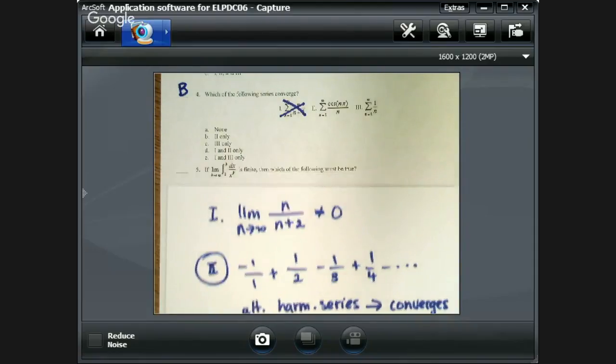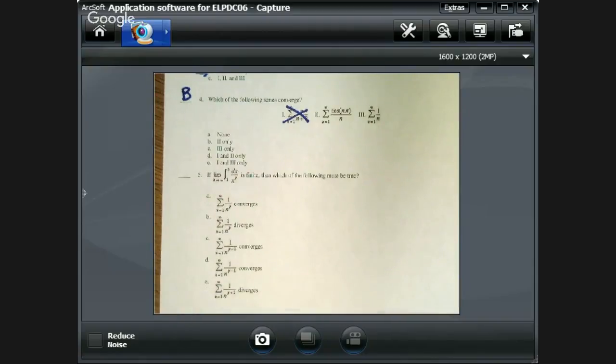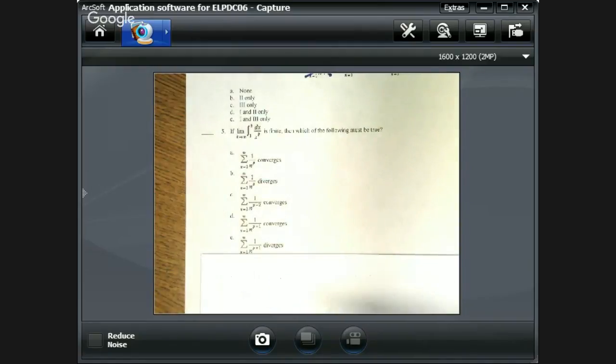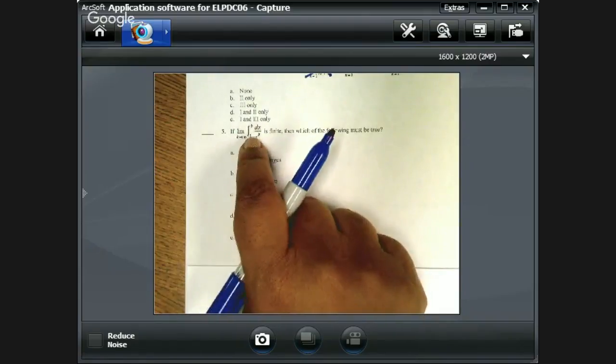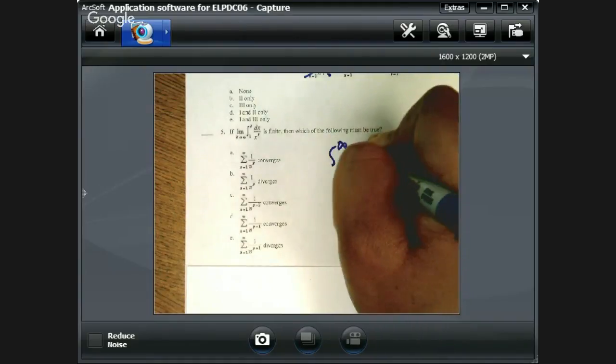Moving on. And number 5, there, it asked us, well, if this limit is finite, which of the following must be true? Well, this limit is just another way to write this improper integral.